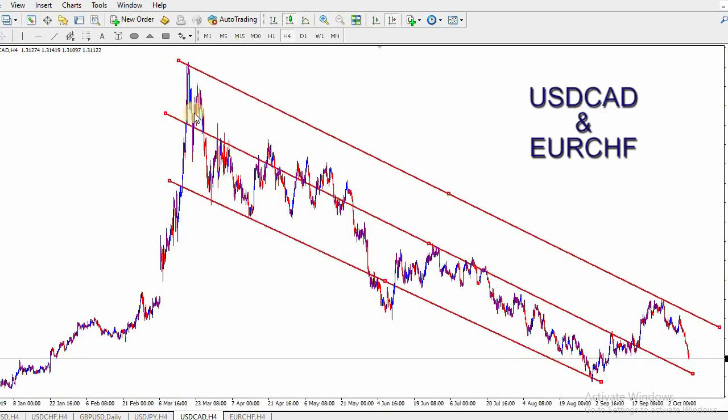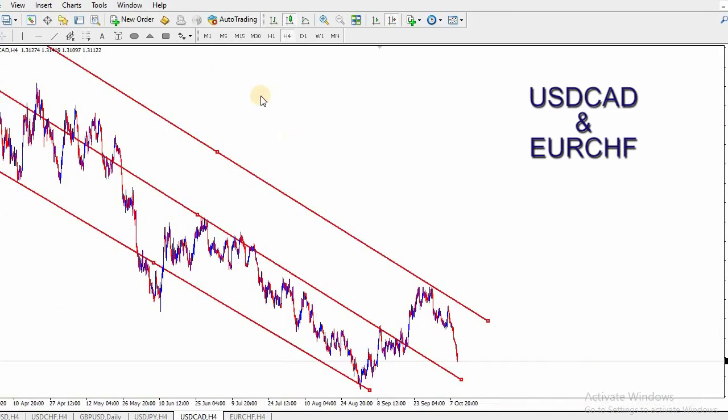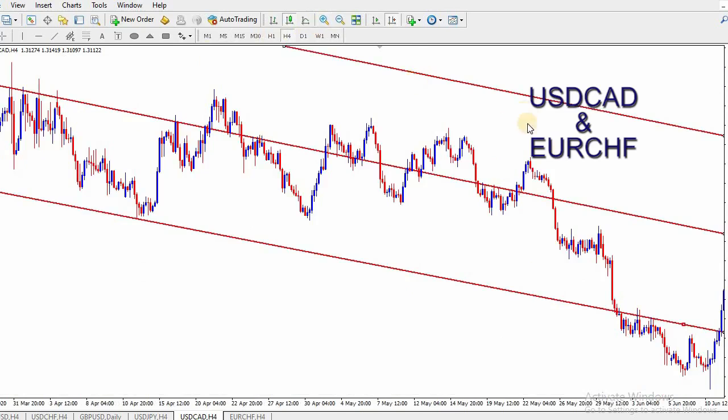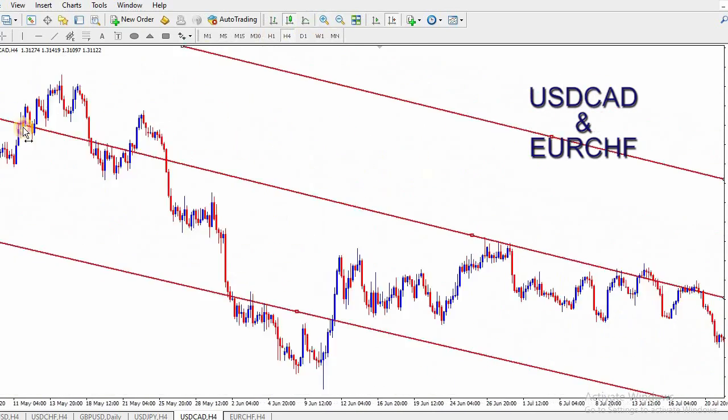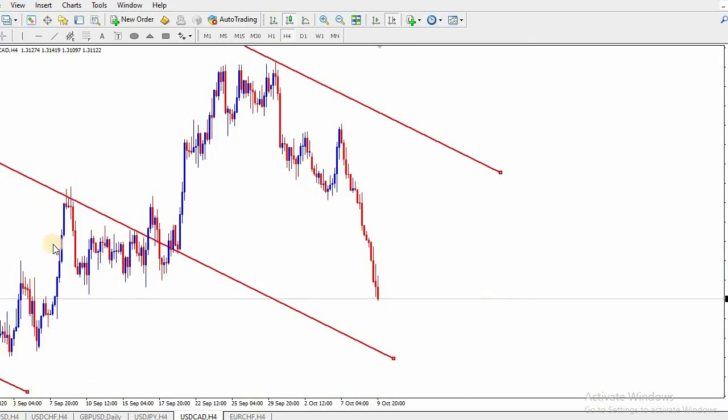I think it started in March and has been on a downward trend since March. This can only mean one thing, that the US dollar has been losing its power over the past few months, starting off from March to now.